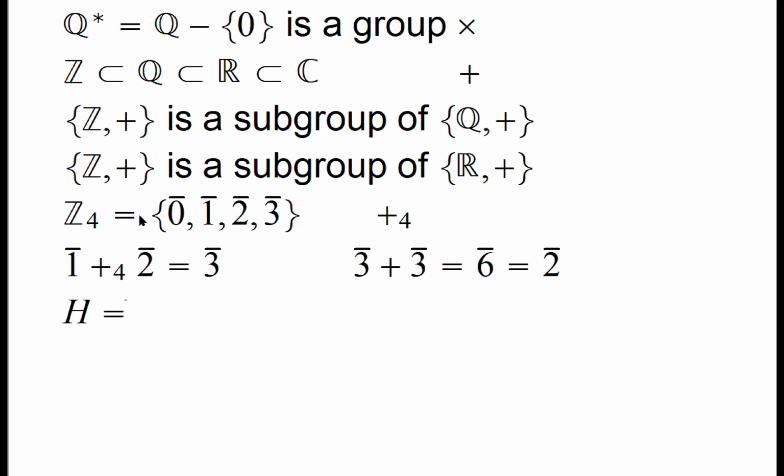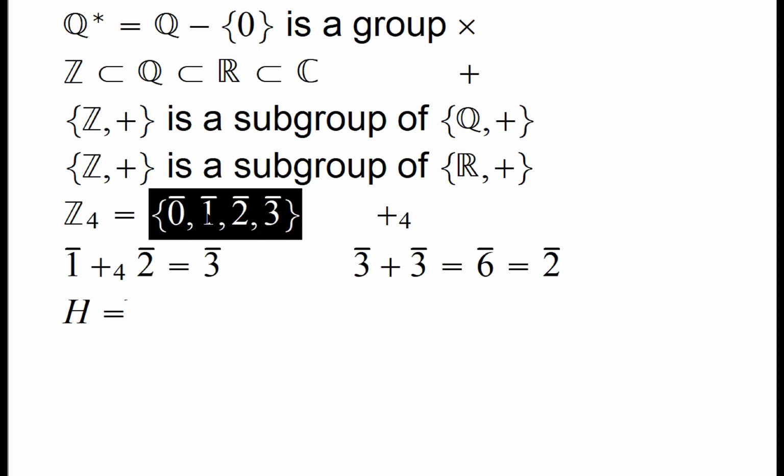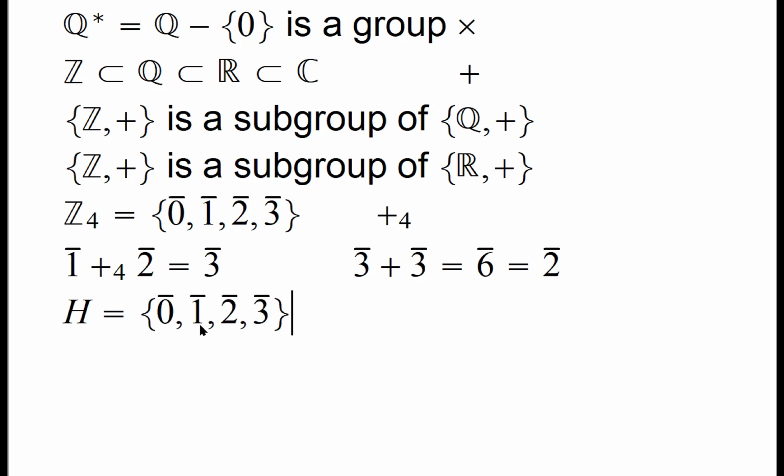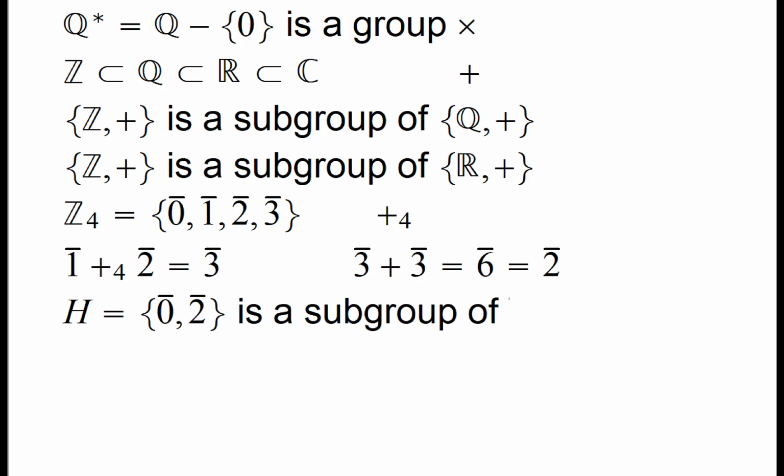And let's take, say, a subset right here. Say we took the subset {0, 2}. Then you can check that this is a subgroup of Z4, okay, because you can see that first of all, we are taking associativity as inherited, right?